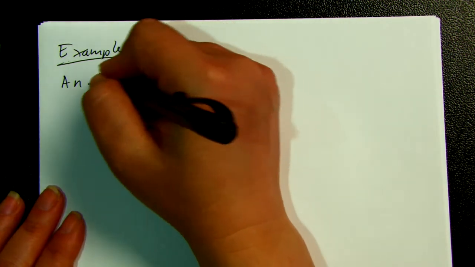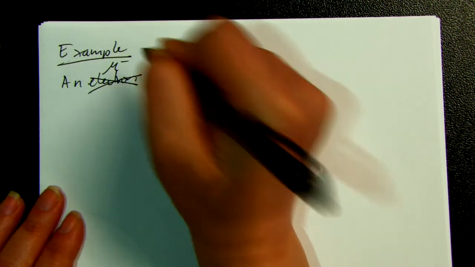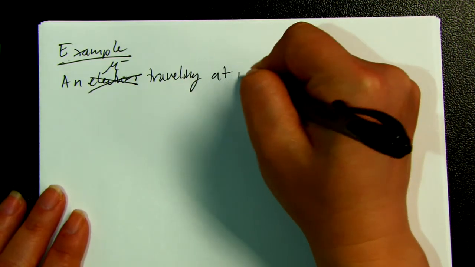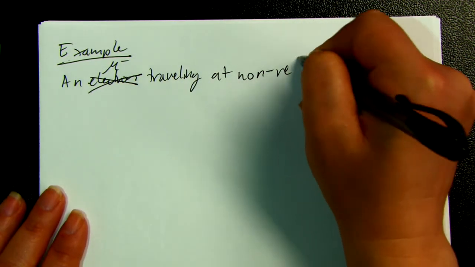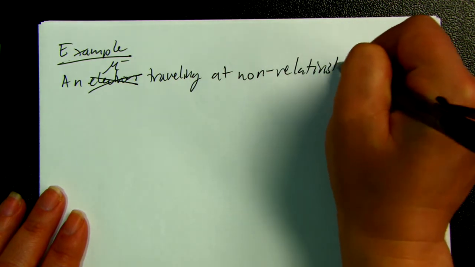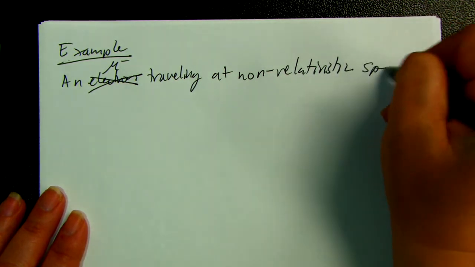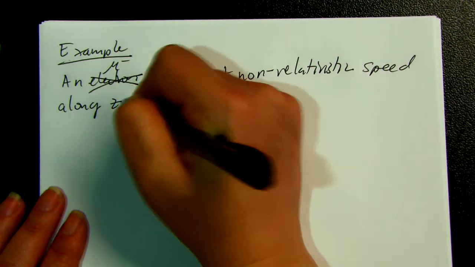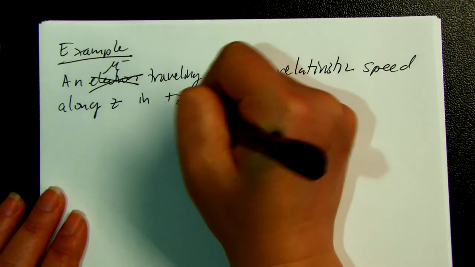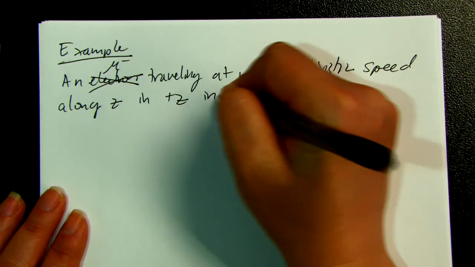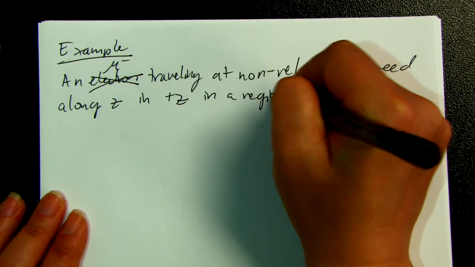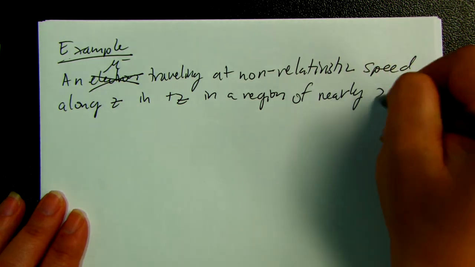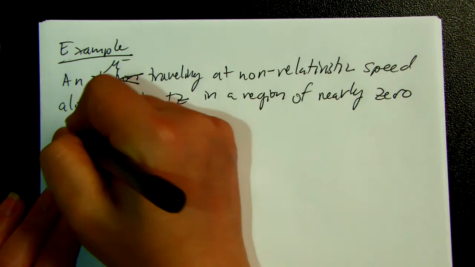Actually, let's be more exciting. Let's do a mu minus. Come on now. At non-relativistic speed along positive Z in a region of nearly zero fields.